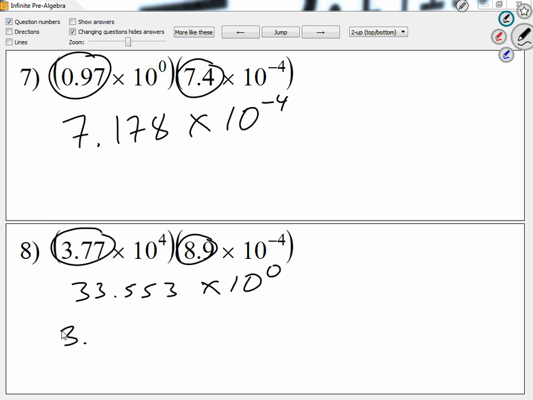Let's call that 3.3553 times 10 to the what? To the 1. Nice. Because if I was after the second 3, it says don't move. According to the first line, after the second 3, don't move. We took 1 to the left, so we have to bring it back. So 1 to the right.